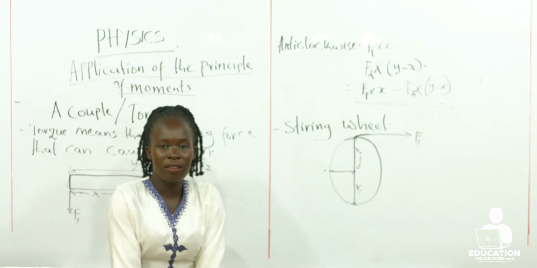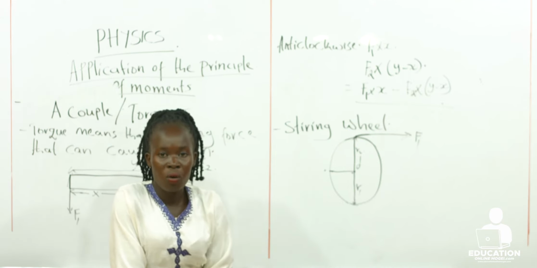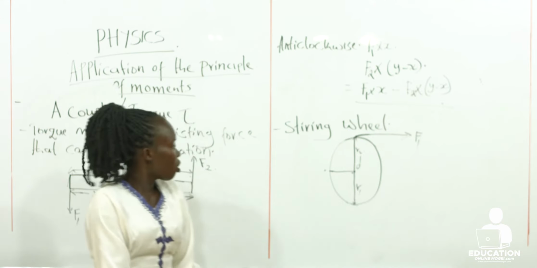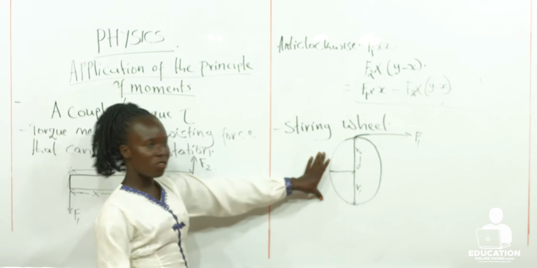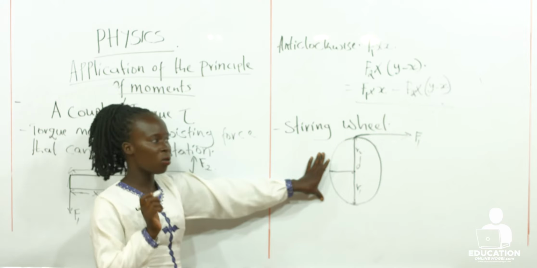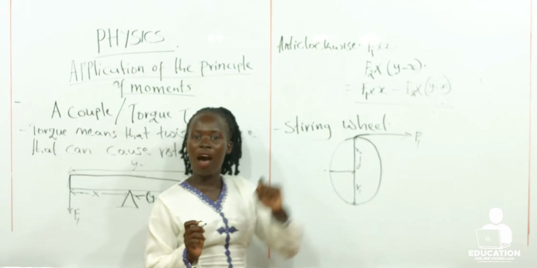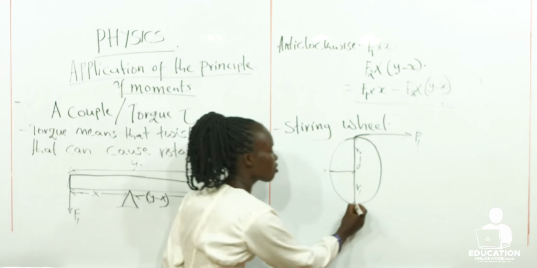How will you balance that? Or if you want to bring the car to stop, what do you have to do? To balance your steering wheel, you will need another force which is equal to the force you first applied. But how would you apply it? Will you put it in the same direction?